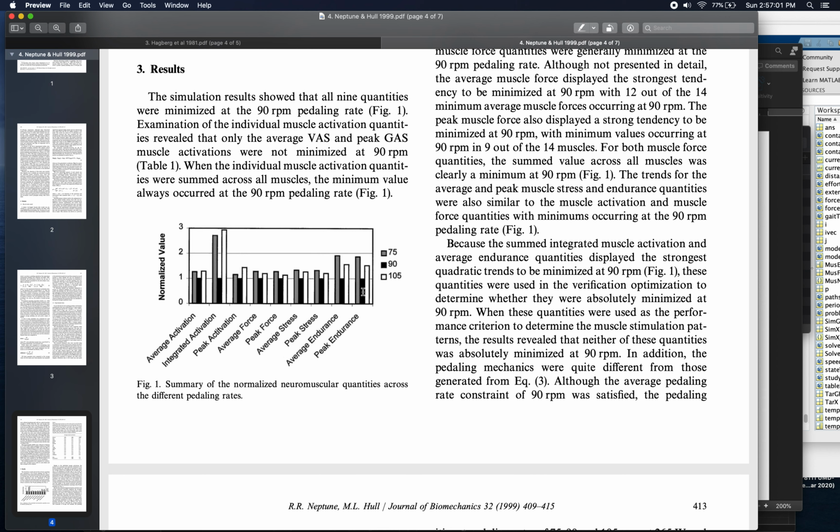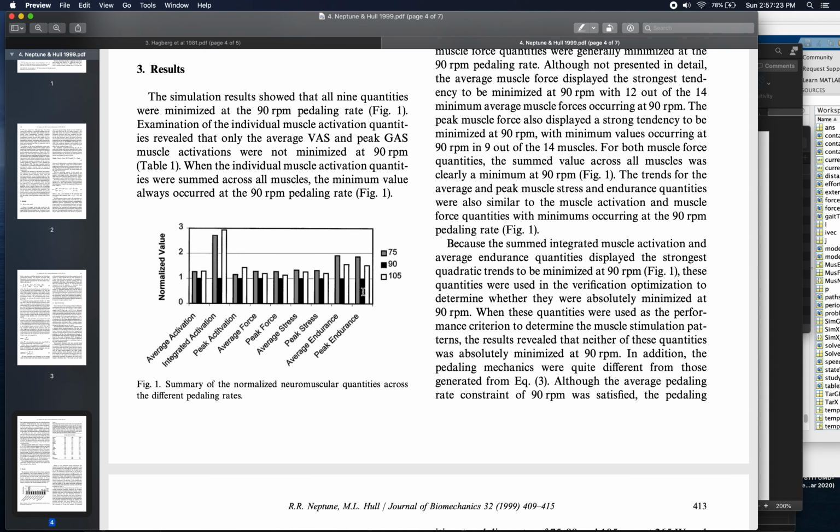Okay. So suggesting here, in combination with the results of the previous study, that maybe it's not necessarily the rate of energy expenditure, the rate of oxygen consumption, or the rate of lactate accumulation, the typical indices of the difficulty or the intensity of exercise in exercise physiology, that explains the pedaling rate here in cycling.